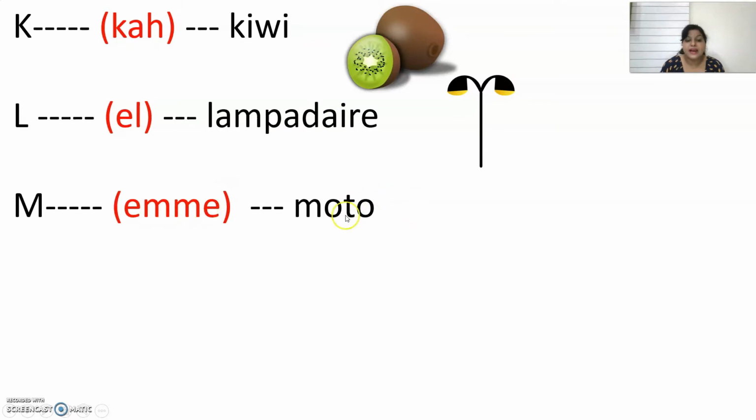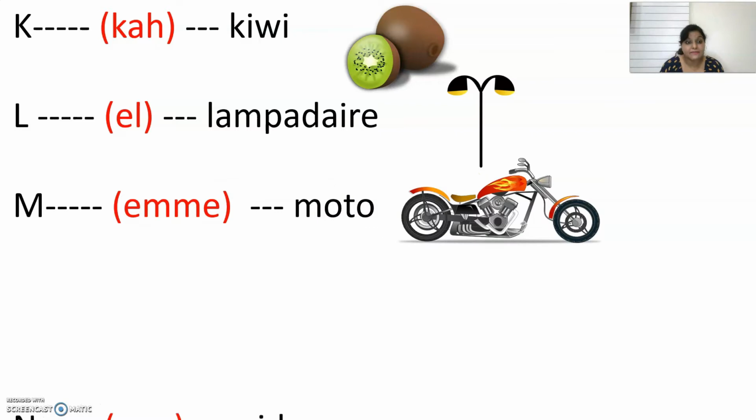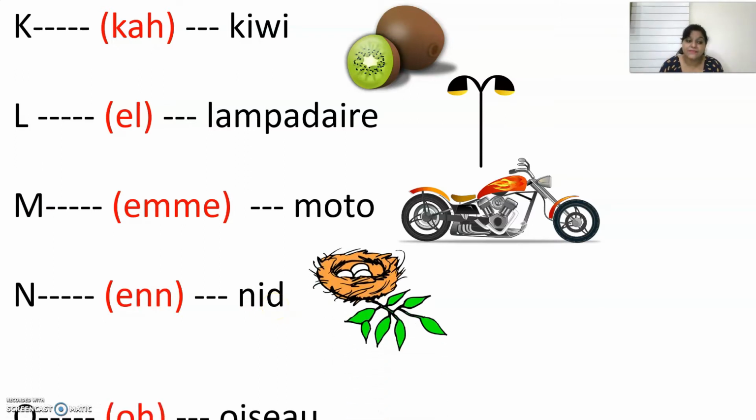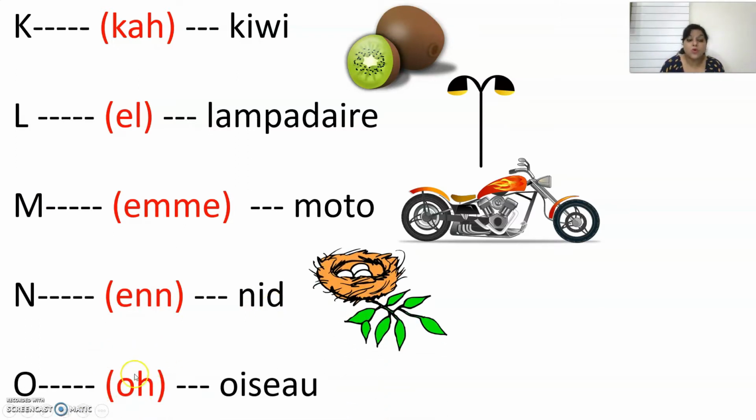M, for example, moto, that's a motorbike. N, for example, nid, that's a nest. O, for example, oiseau, that's a bird.